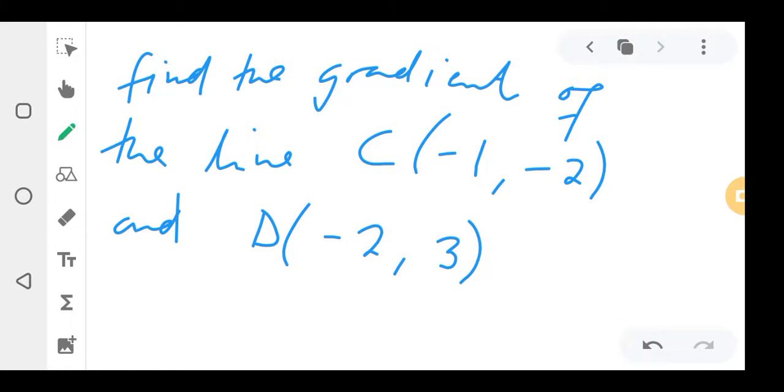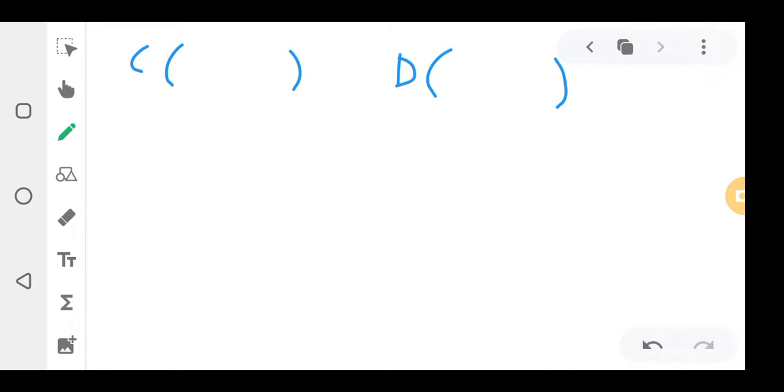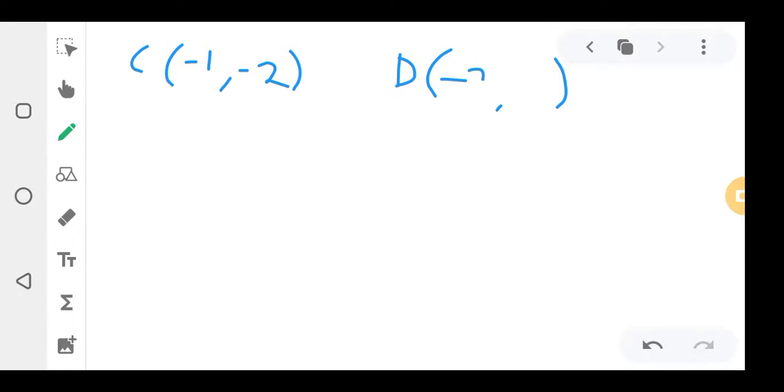So we are doing the solution now. You first label them. Remember what I said? What is my point C? (-1, -2). That is my C. What about my D? My D is (-2, 3).